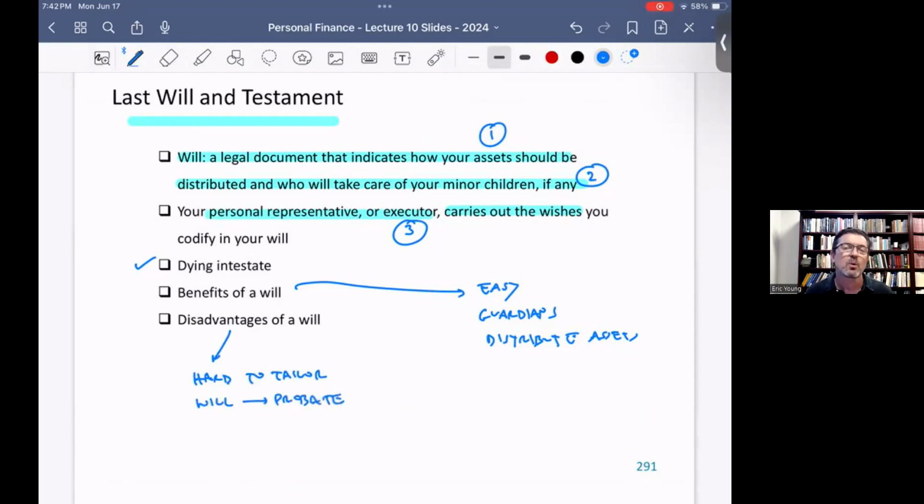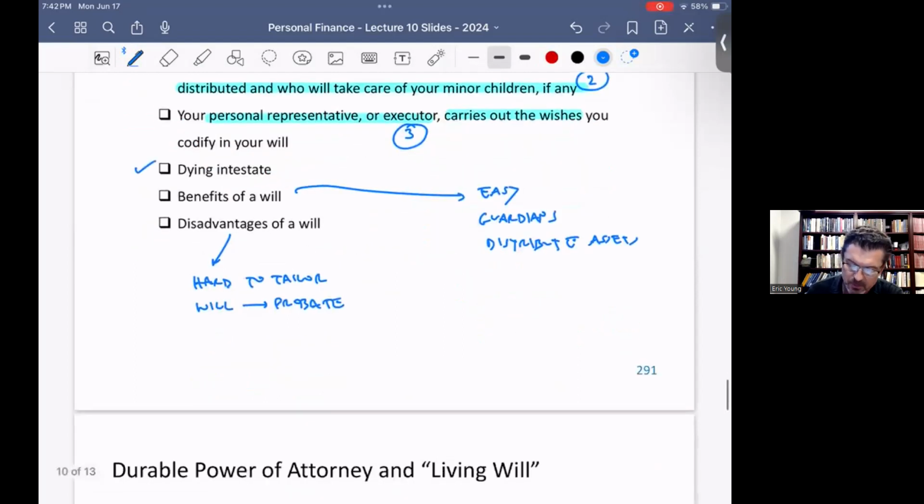So you're going to need a will, but notice that your will may not cover all of your assets. Think about this. Suppose that somebody has $1 million in assets. But of those assets, $950,000 are retirement accounts with a beneficiary designation.